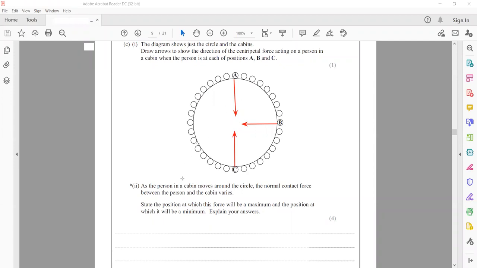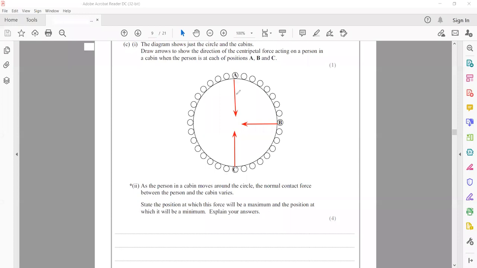As the person in a cabin moves around the circle, the normal contact force between the person and the cabin varies. State the position at which the force will be maximum and the position at which the force will be minimum, and explain your answer.